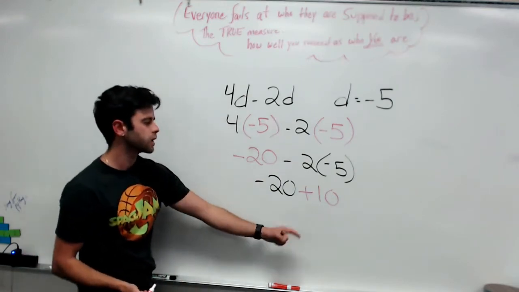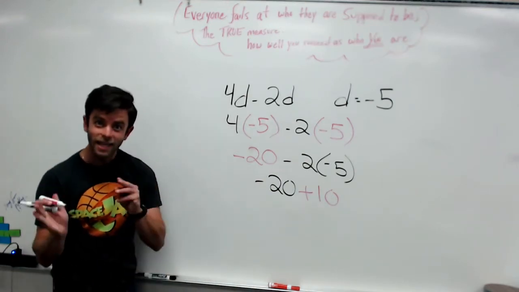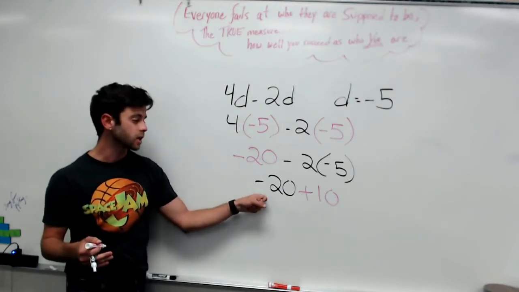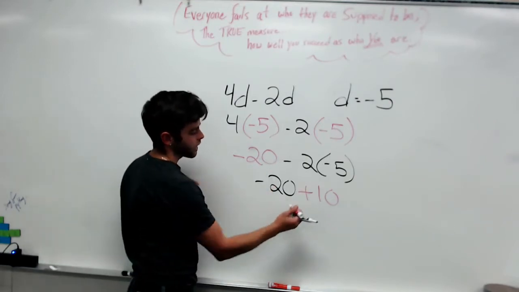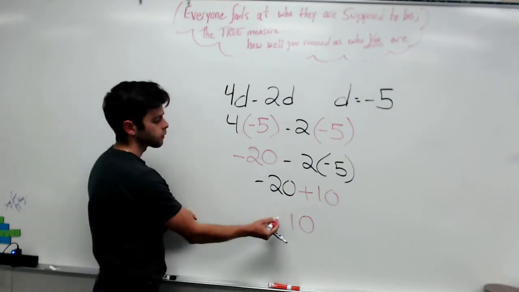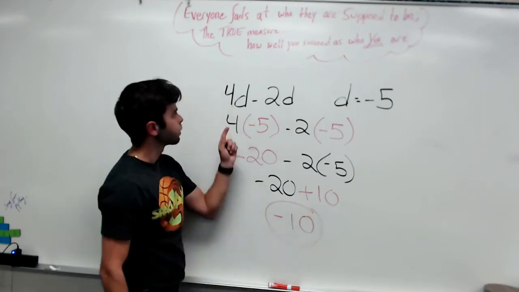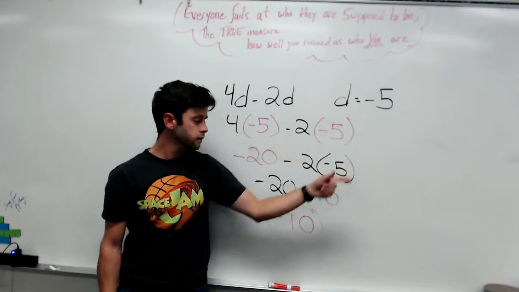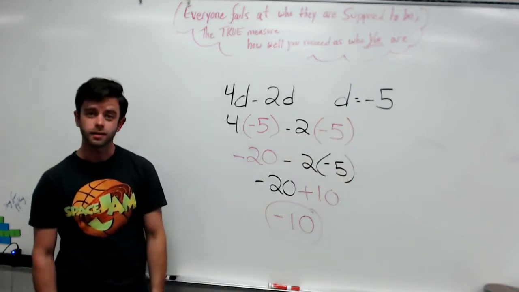I have -20 plus 10. Again, when adding and subtracting with two different signs, we subtract those numbers and take the sign of the bigger. So 20 minus 10 is 10, and I keep the sign of the bigger number. So when we have 4D minus 2D, when D equals -5, our answer is -10.